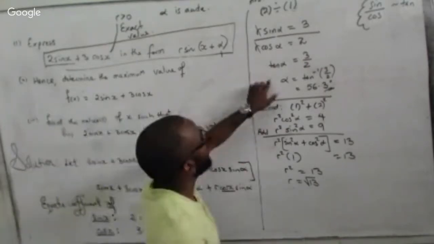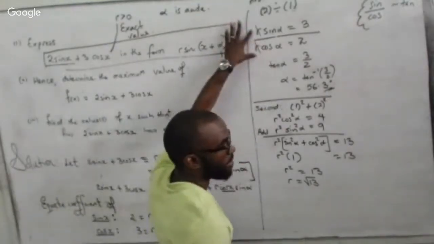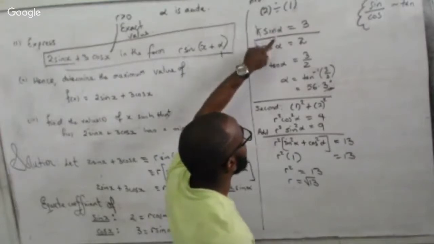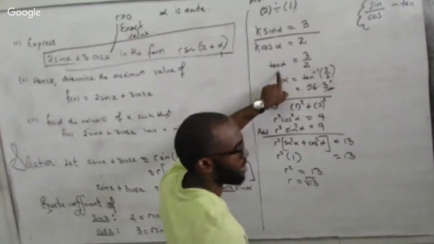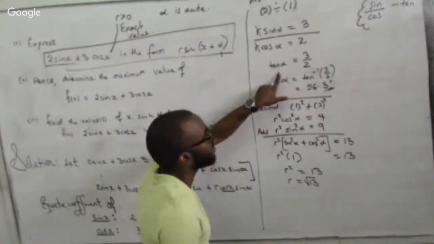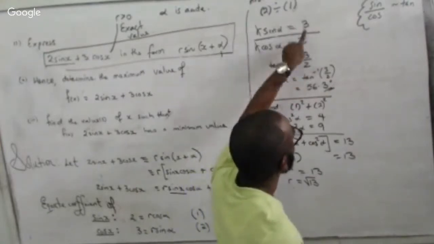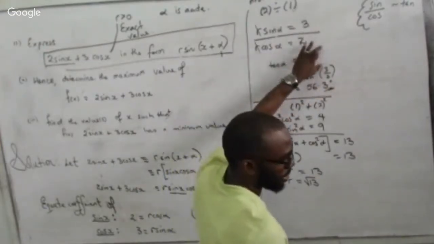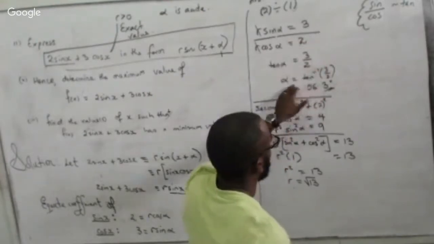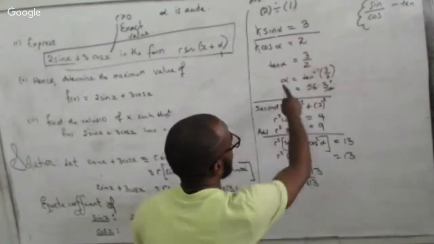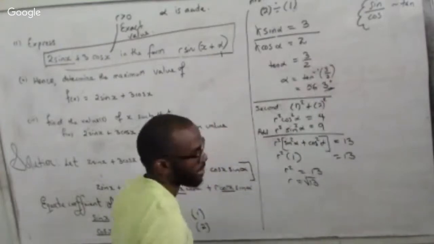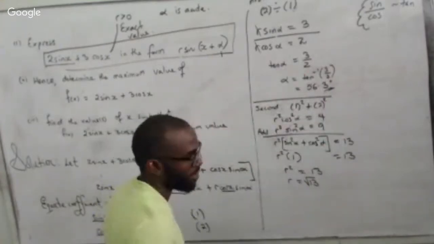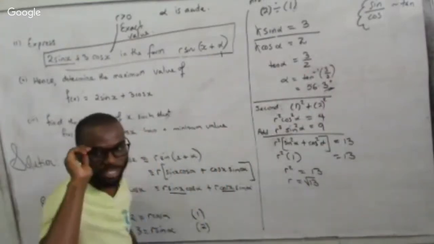In that case, you can see that the r cancels and I'm left with sine alpha upon cosine alpha, that is clearly tangent alpha, equal to 3 divided by 2. Then this looks like a regular equation. At this point, you just take inverse tangent, and I get my alpha. You follow that so far? Everybody else follow that? Yes.